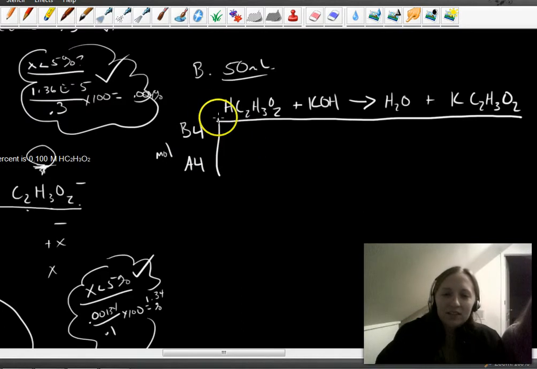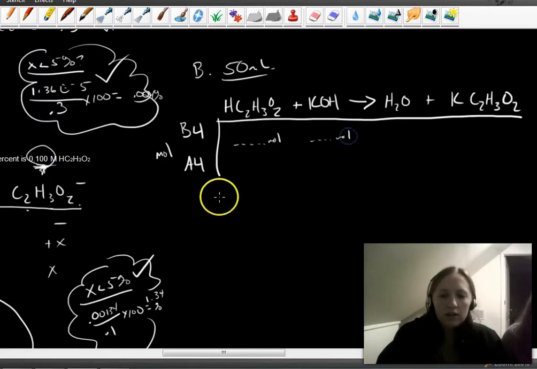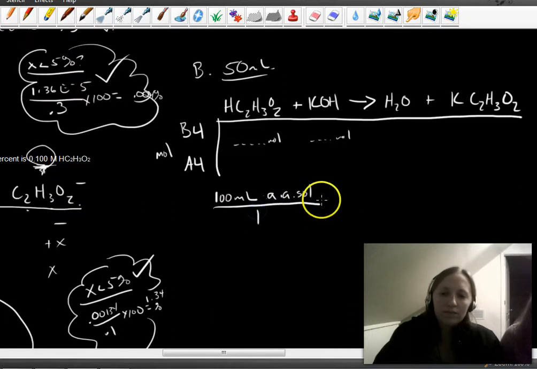All right, so what we have is we need to know how many moles goes here and how many moles goes here. So that's going to be 100 milliliters of acetic acid solution. I'm going to just write it that way.